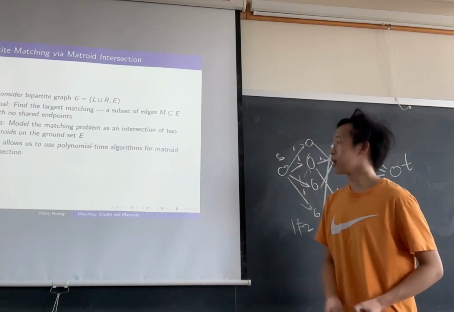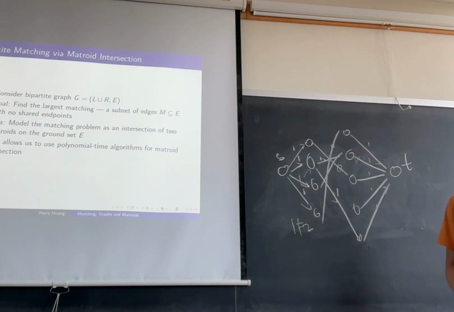So the way that we are going to find the bipartite matching from matroid intersection is we build two matroids, a left matroid and a right matroid. The left matroid only satisfies the matching property for the left vertex set.